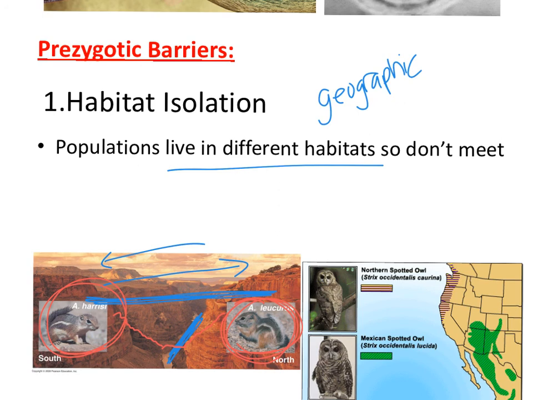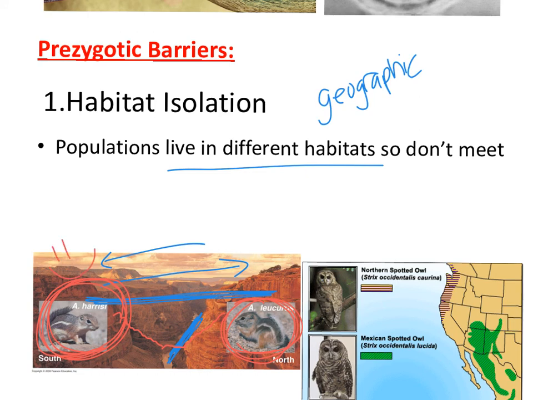Fast forward many millions of years of evolution, and the population on what's shown here on the left side accumulated alleles and sort of changed which traits were favorable and unfavorable based on predators, based on food available, based on the specific habitat on that side of the canyon, and they accumulated genes that were good for them on that side.